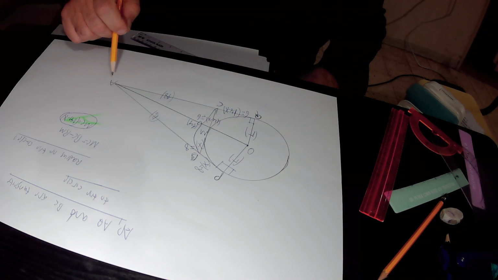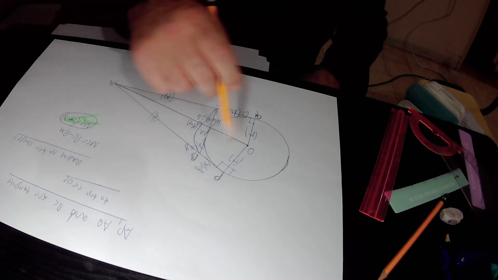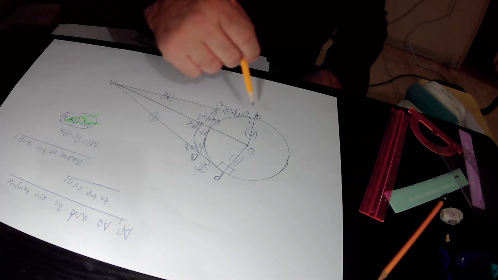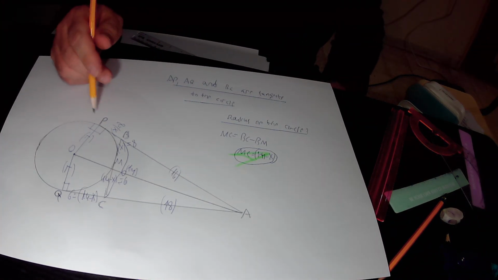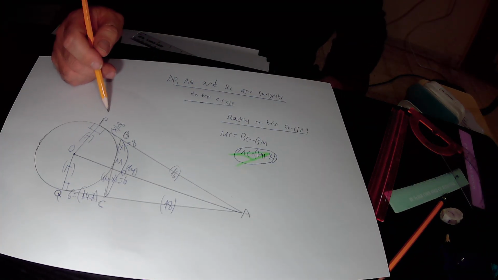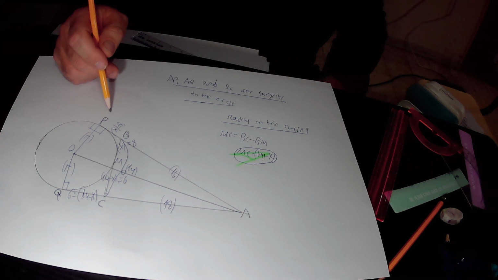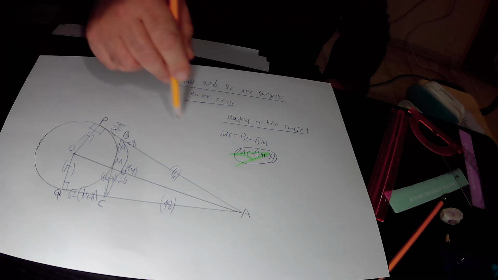We have the upper right triangle APO and the lower right triangle AOQ. So what is the area of quadrilateral APOQ?